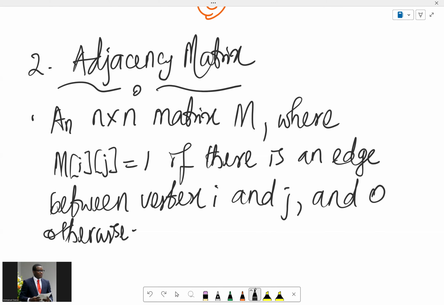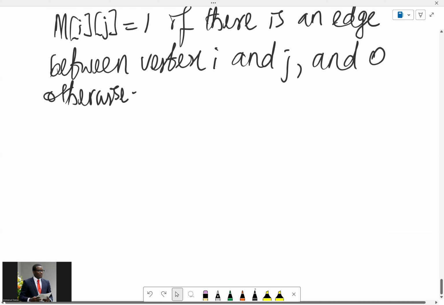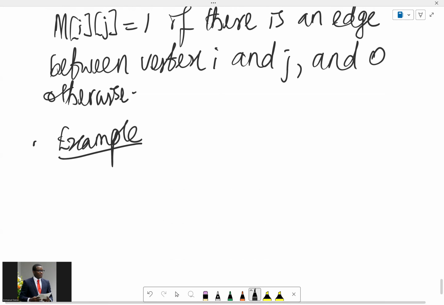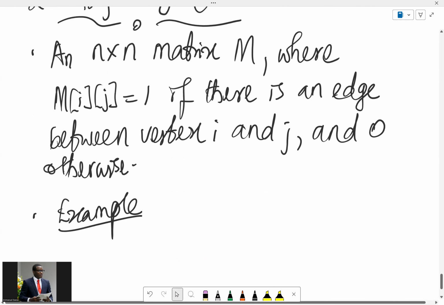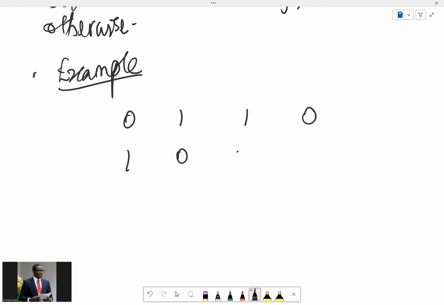Instead of telling plenty of stories, let me give an example to drive the point home. Imagine this example, we're talking about an adjacency matrix. You have 0 1 1 0, then 1 0 0 1, then 1 0 0 1, and then 0 1 1 0.